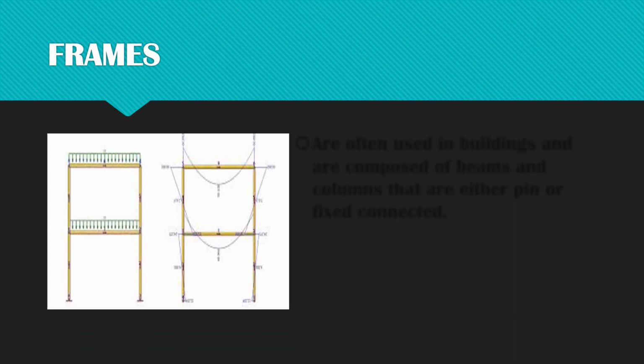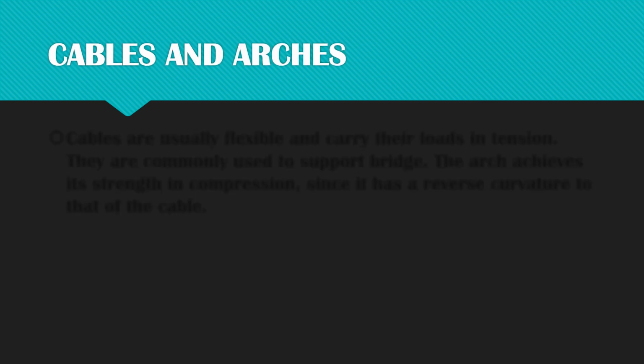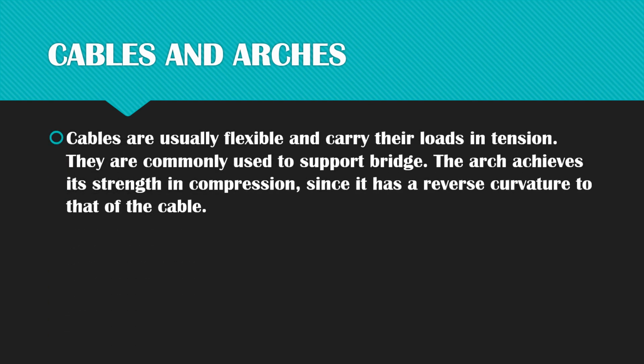Next is frames. Frames are often used in buildings and are composed of beams and columns that are either pin or fixed connected. So it is a combination of beams and columns to form a frame. Next is cables and arches. Cables are usually flexible and carry their loads in tension.